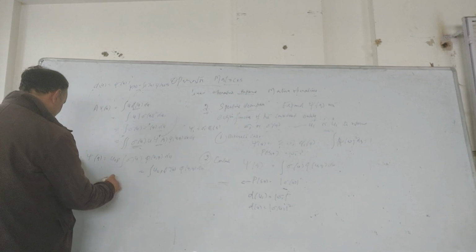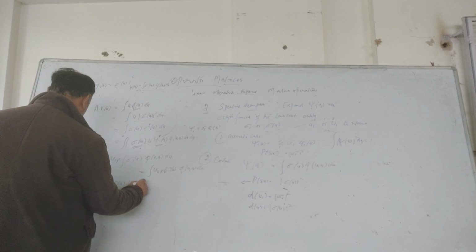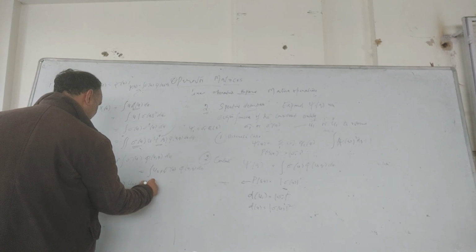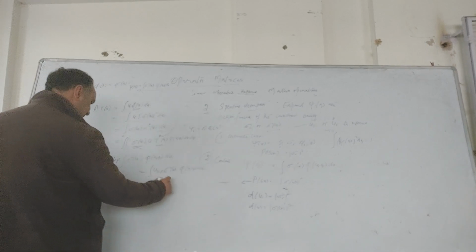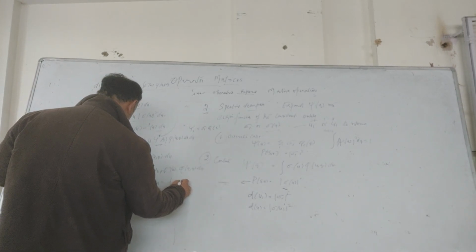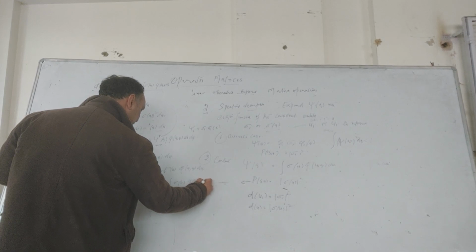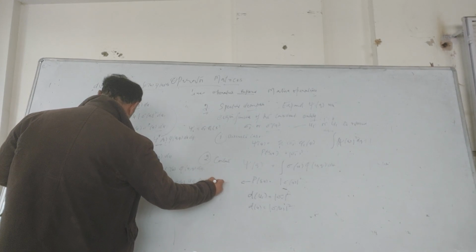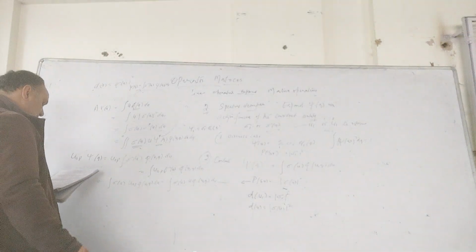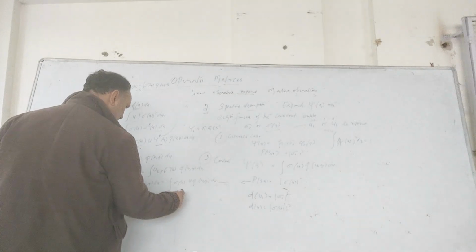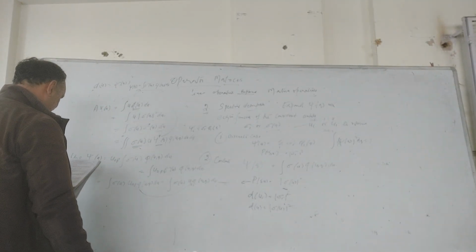Or you can have sigma u, operator phi acting on u of u2 du, equal to sigma u phi u2 du.